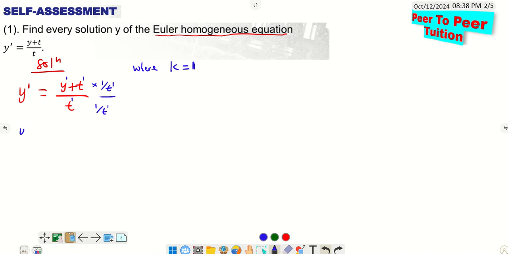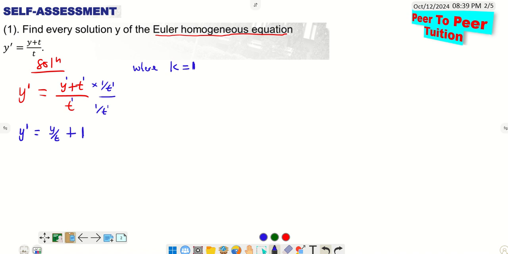So we are going to get y prime is equal to y times 1 on t, which gives us y on t, plus 1, all divided by t times 1 on t, which gives us 1. So there's no need to write that one. So we are getting this as our differential equation.